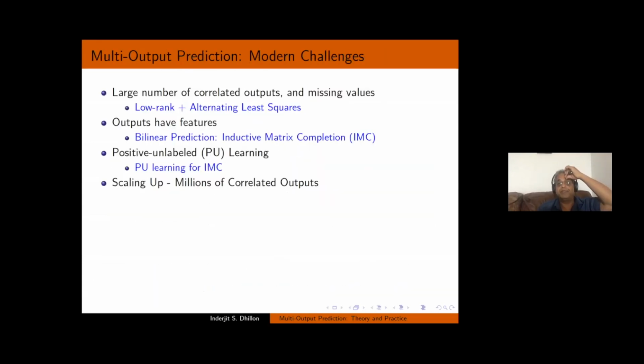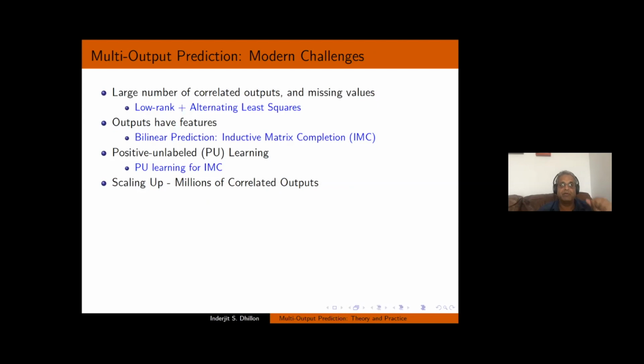But one of the problems is that when we are given an input, the number of outputs may be in the millions. So even though we have a model like inductive matrix completion, the problem generally does not come where we are given features of both the inputs and the outputs, and we need to predict for just that pair.